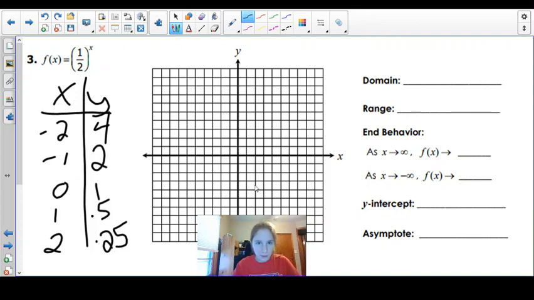So asymptote line coming up. I have my first dots at -2, 4, -1, 2, 0, 1, 1/2, and again, as long as you get close, guys, I'm not going to count off.